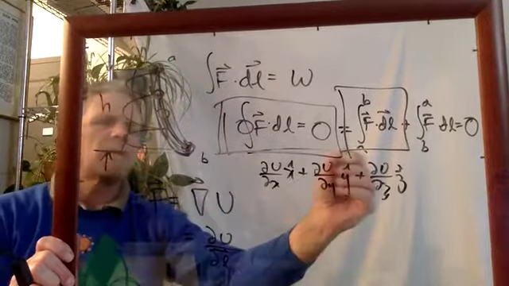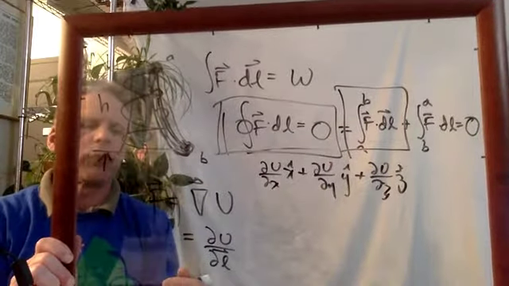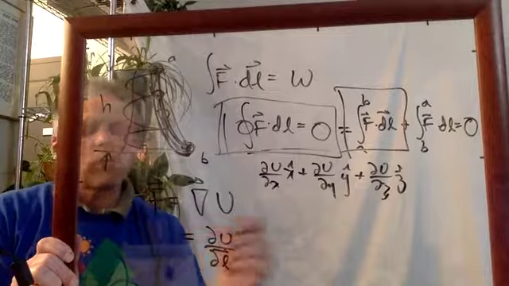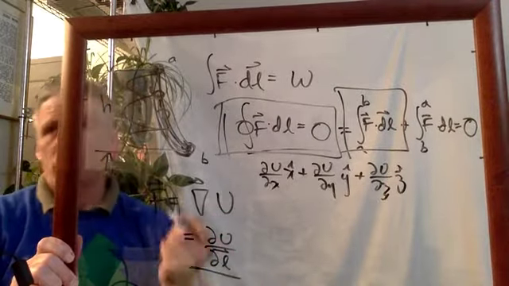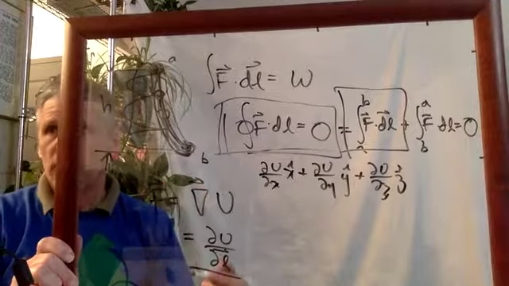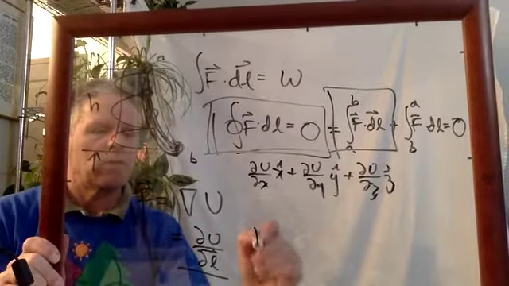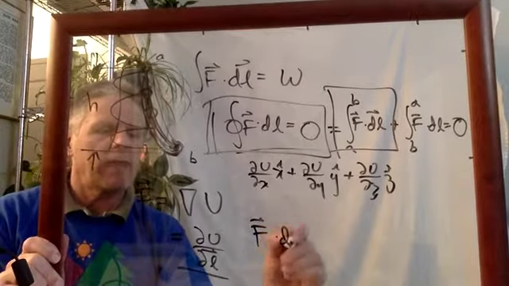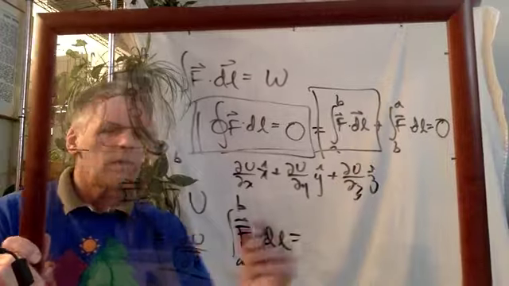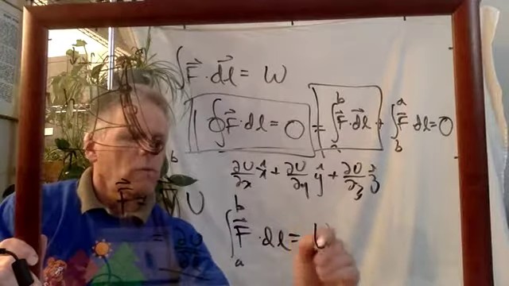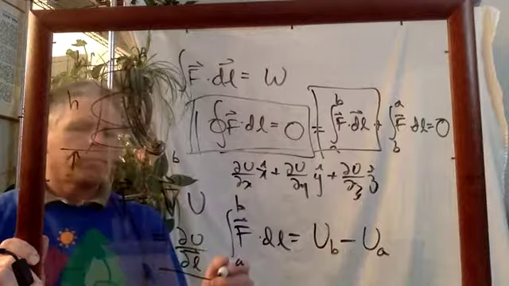Okay, and that's another way of thinking about what a conservative force means. Well, if indeed, like we did in class, the force can be expressed like this, put another way, if it's a conservative force, it can be expressed like this, and the reason we know this is because if we do F dot dl from A to B, we end up with U_B minus U_A.